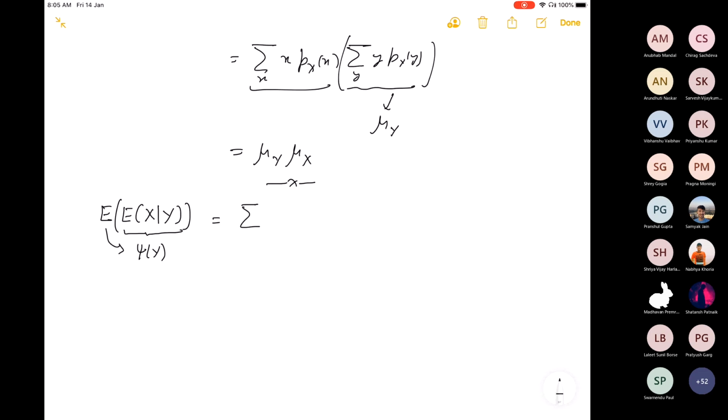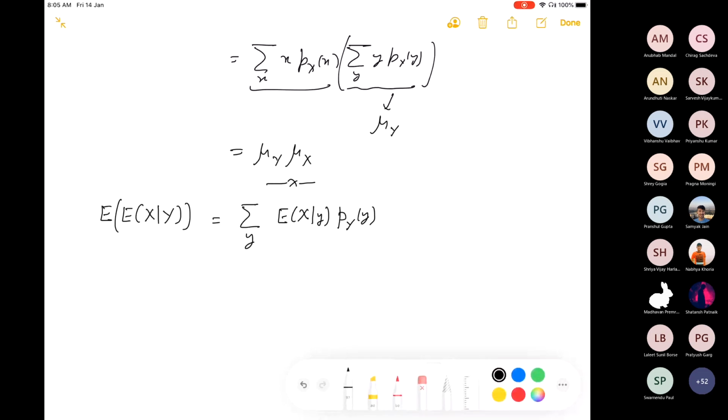Let me take discrete variables, so this will be a summation over y of the expected value of x given y is equal to small y, times the density of y.